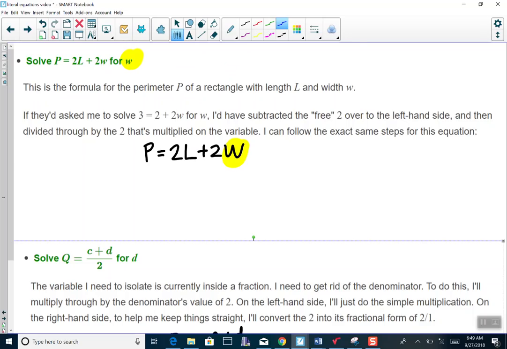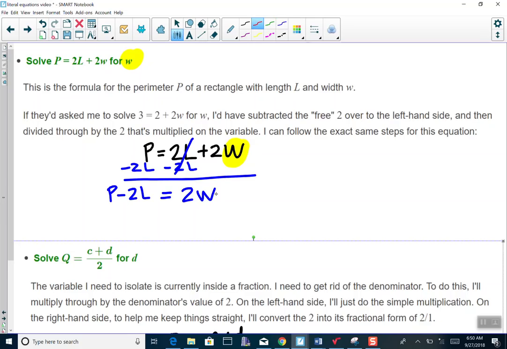So just like I would with any other equation, I'm always looking to see if I'm adding or subtracting anything to the quantity that has the variable that I want to isolate. And I am. So I need to move this 2L. Okay, I can do that by subtracting because it's positive. Okay, so that would cancel. I'm going to bring down my 2W. And because these are not like terms, I'm just going to write this as P minus 2L.